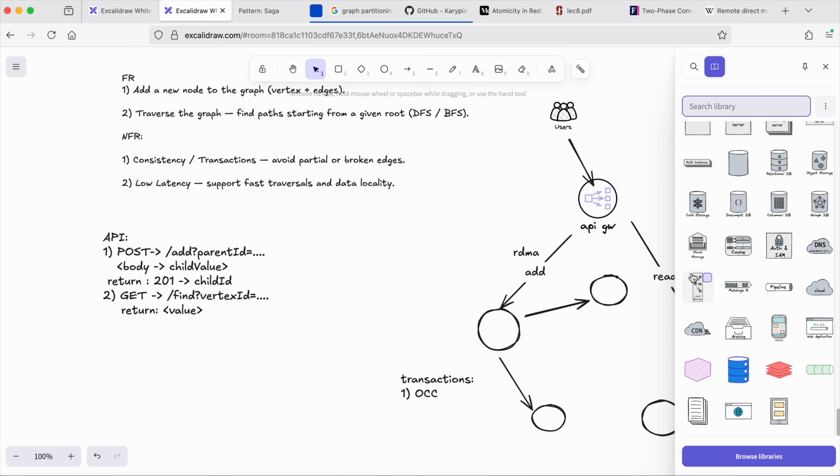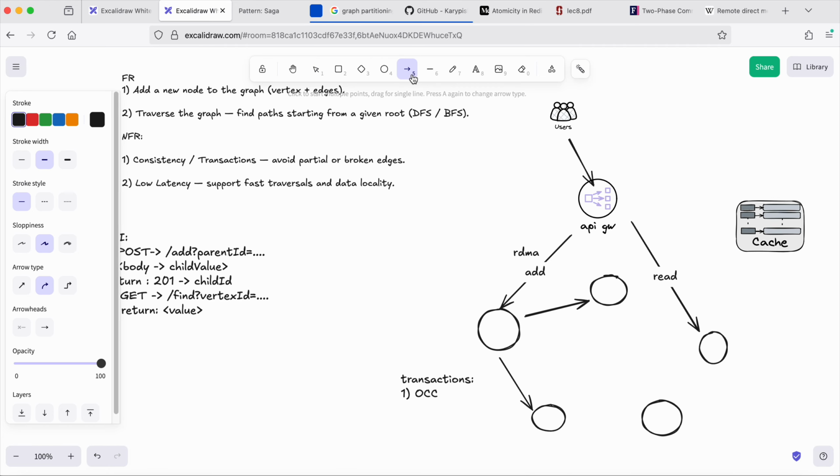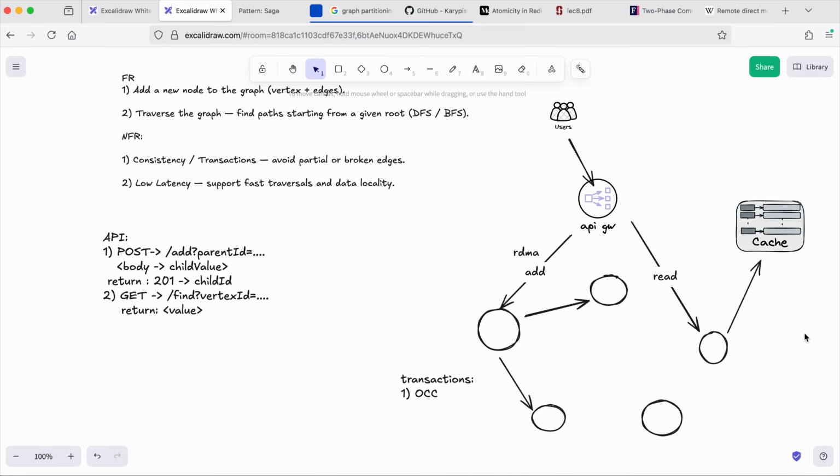So we should have some distributed cache here, and any reading flow should check this cache first of all for the existing data there. That's probably in general it from my side.